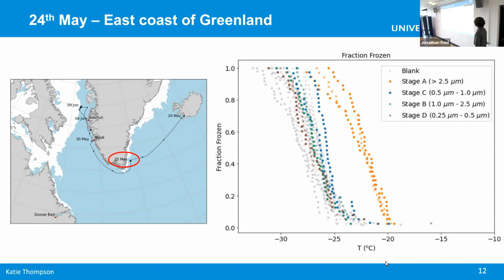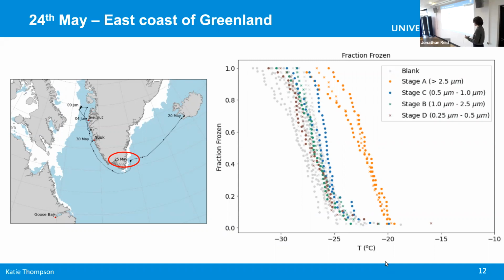These different colors are my different impactor stages. You see the majority of them are kind of close to the background, which indicates that there's not a significant amount of activity there. But this orange here, which I ran a couple of times, with the same sample run a couple of times, we see that there's a distinct difference in terms of the temperature at which they froze, which indicates that we are potentially seeing some ice nucleating particles, and that is at stage A, which is my larger.